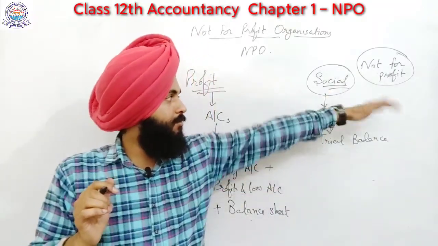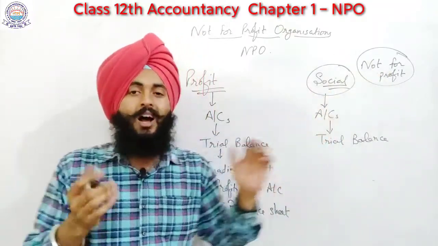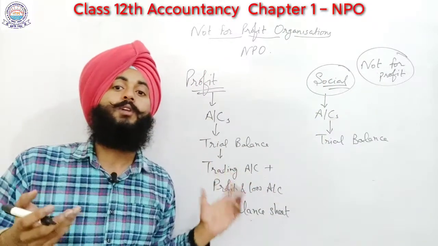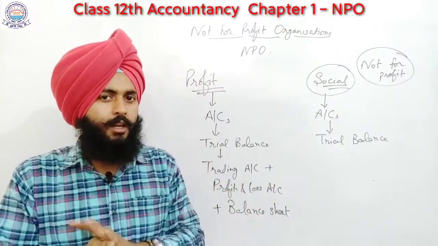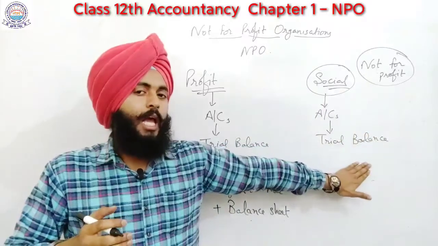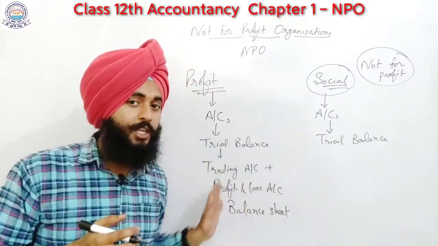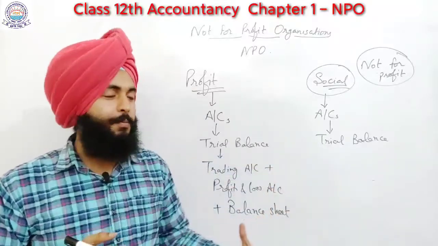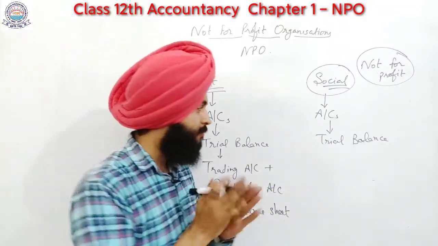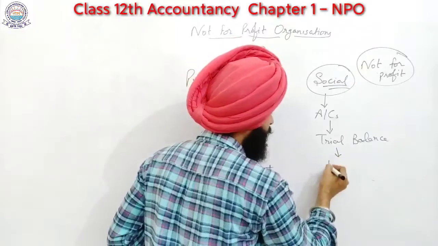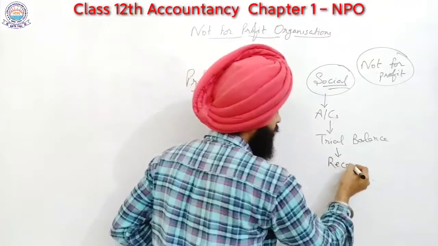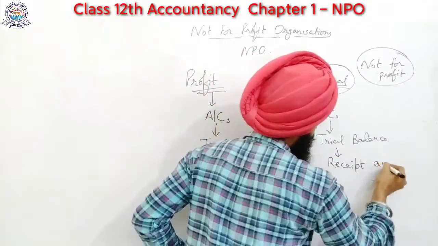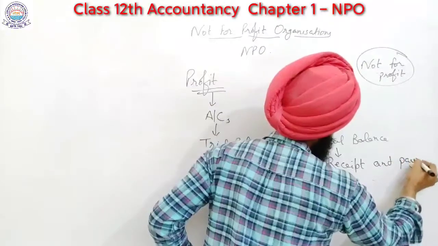So if we are not using the word profit, how can we make trading account and profit and loss account? ठीक है ना? So we have something else. Instead of these, we have something else here in NPO. So what are these things? देखो, after trial balance, we have the receipt and payment account.